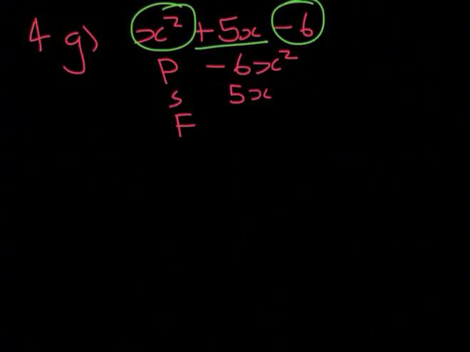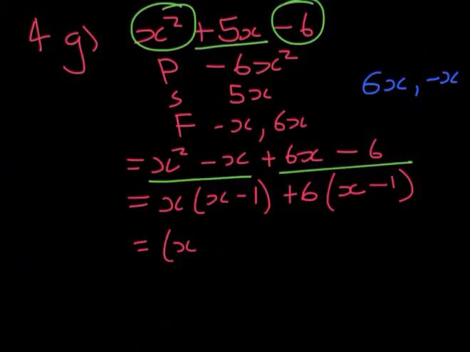And now what we need is 2 numbers that will add together to give 5x, but multiply together to give minus 6x squared. And what's left over, once we've taken out that common factor of x minus 1, is x plus 6. Alright, so that's a slightly harder one.